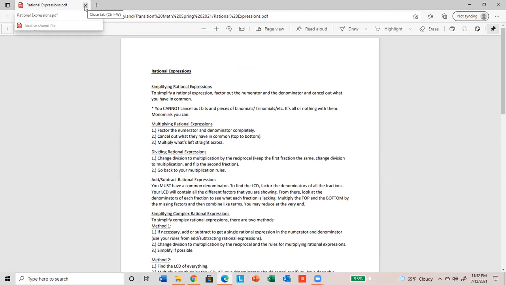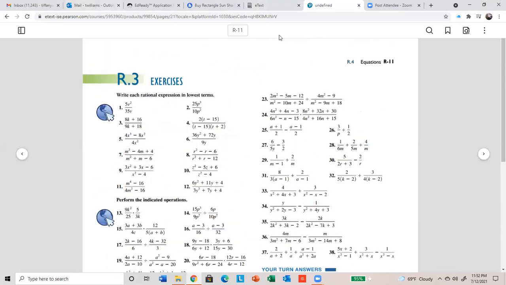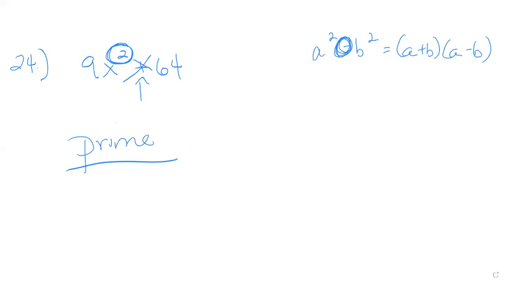So let me close this. And I want to bring up our whiteboard. Let's clear this out. I'm terrible about clearing my screen.